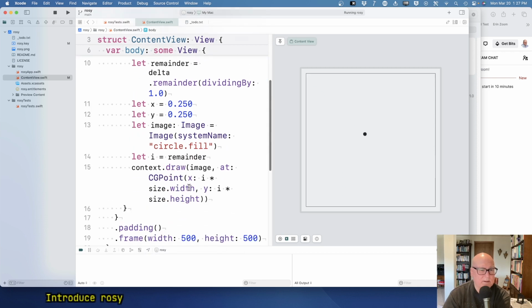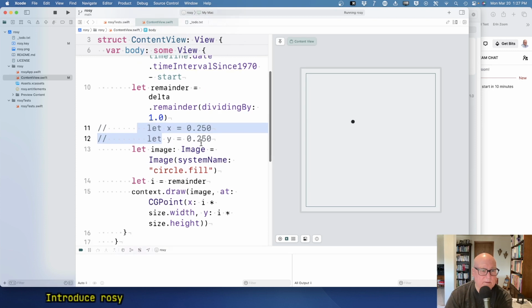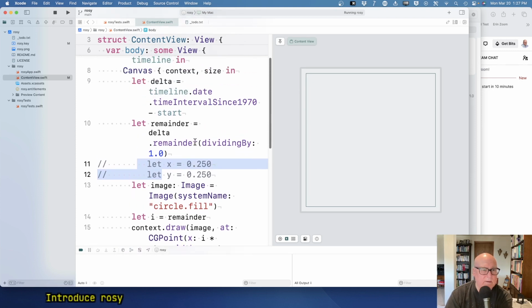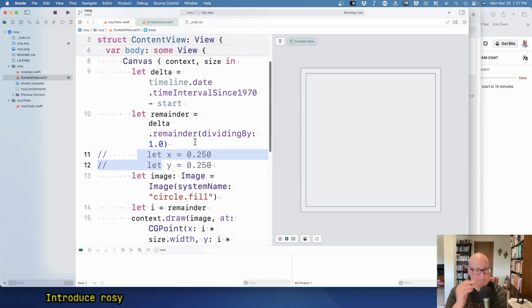X and Y have nothing to do with this anymore, right? Okay. Why are you... Let's print delta.